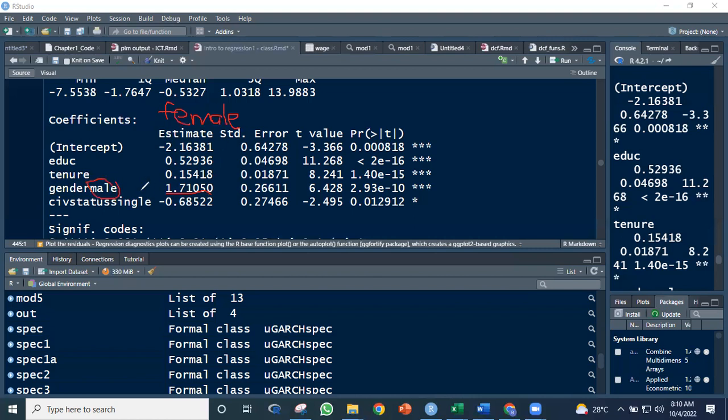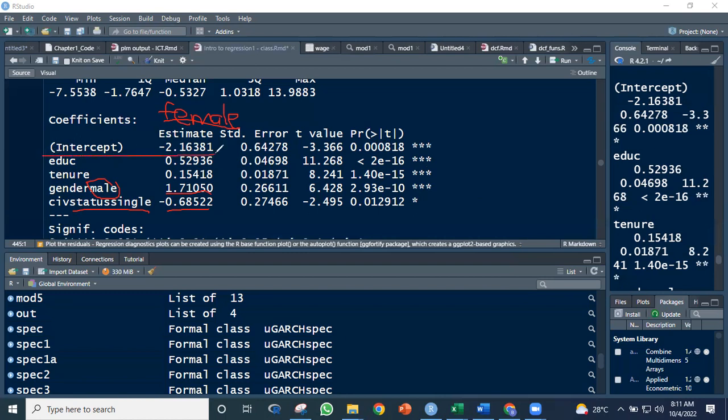So this is telling us that on the average, male employees tend to receive $1.71 more than their female counterparts, ceteris paribus. Also, single employees receive approximately $0.69 less than their married counterparts, ceteris paribus. Okay, so those are the interpretations of your dummy variables.